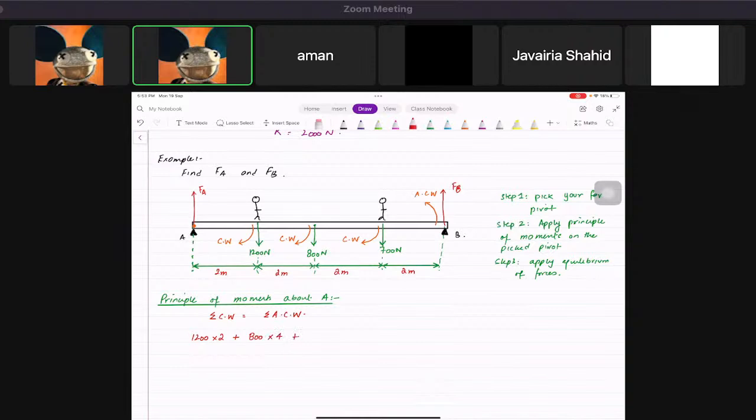And then the third one is 700 and its perpendicular distance is 6. For the anti-clockwise one, which is FB, the perpendicular distance is 8. Now, when you do this, you're going to get FB, which is 1225 newtons. Is it clear, anybody? Any questions here? Please let me know.